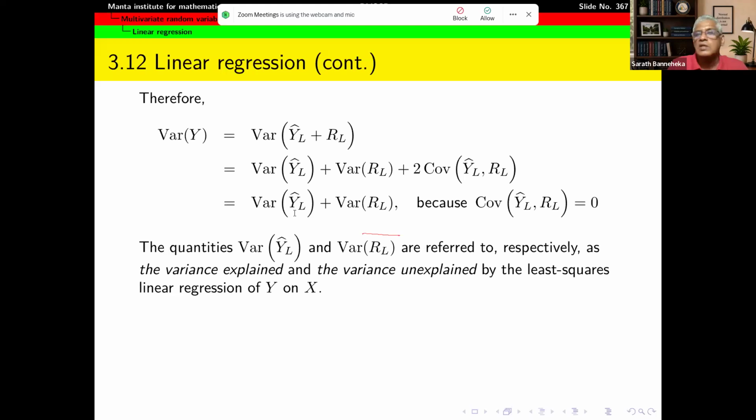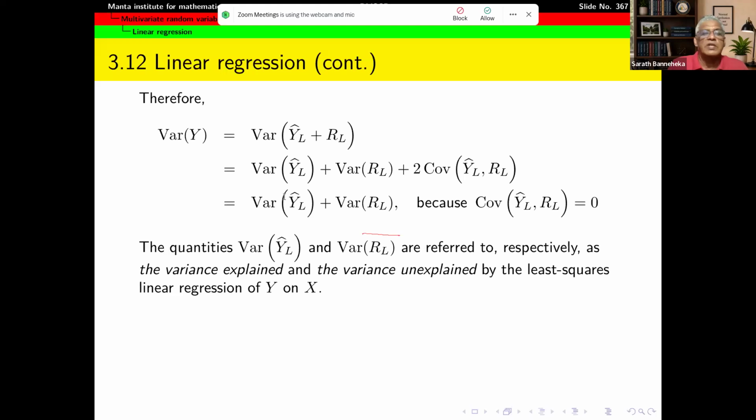Variance of y can be decomposed into two parts. Now, these two quantities have two particular names. Variance of y hat L and variance of RL are referred to as, respectively, variance explained and variance unexplained by the least squares linear regression of y on x.